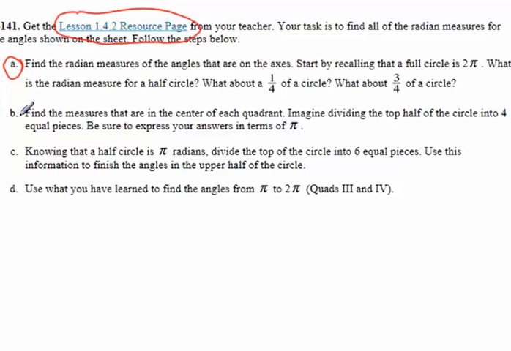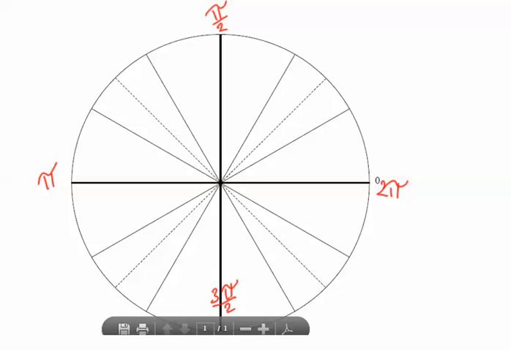Okay, B, find the measures that are in the center of each quadrant. So now we're going to look at basically the fourths. So let's go back to our circle. We want to focus on these parts right here. Here's 0/4. Here's 1/4.